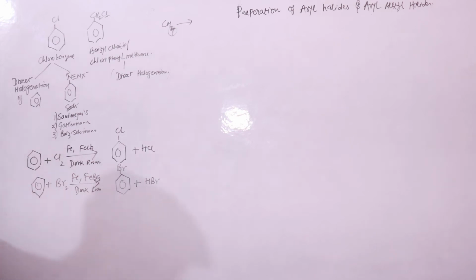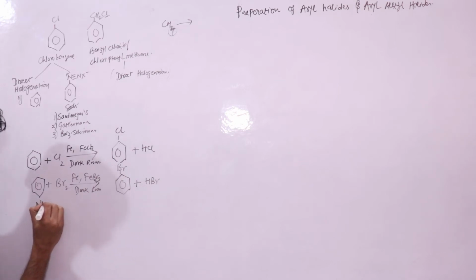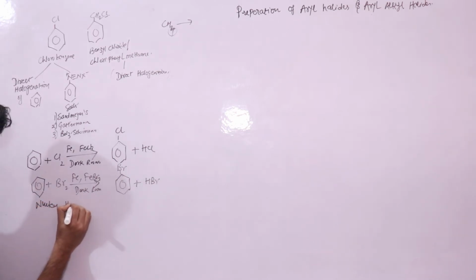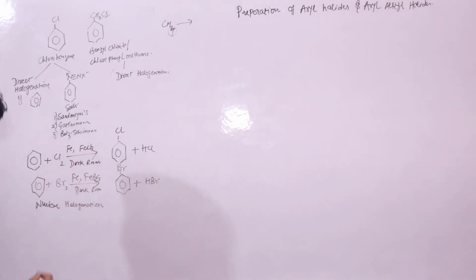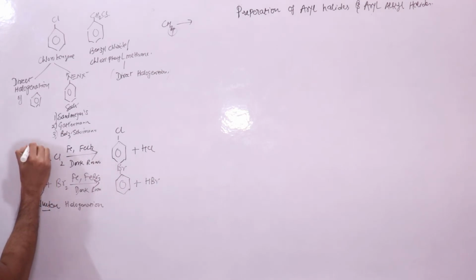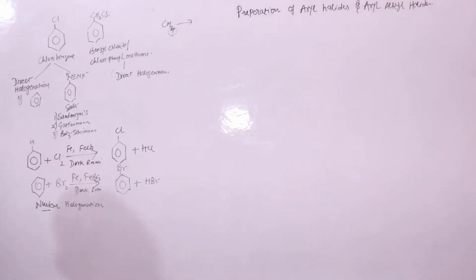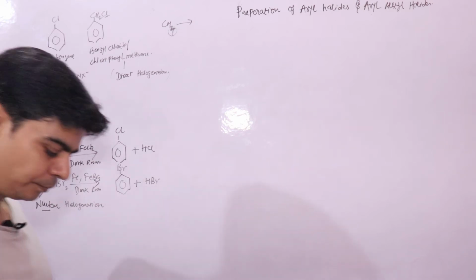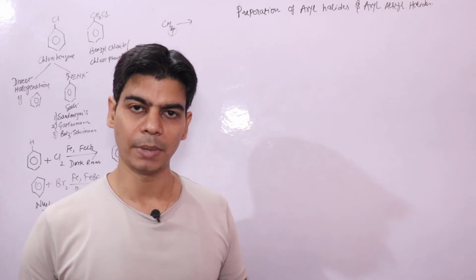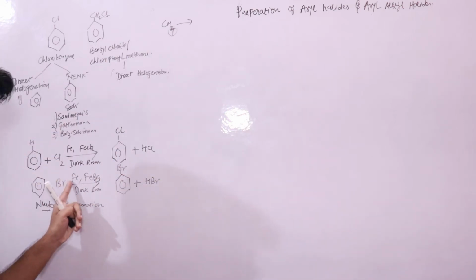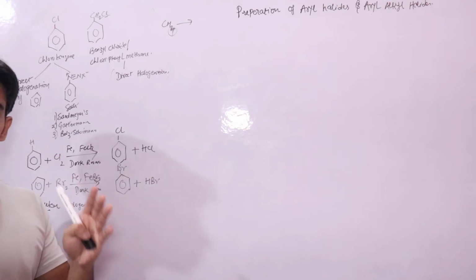These are simple reactions, and we call this type of direct halogenation nuclear halogenation. Why? Because here we have a hydrogen atom which is directly attached to the nucleus. So the hydrogen atom directly attached to the benzene nucleus would be replaced by chlorine, which is your electrophile.